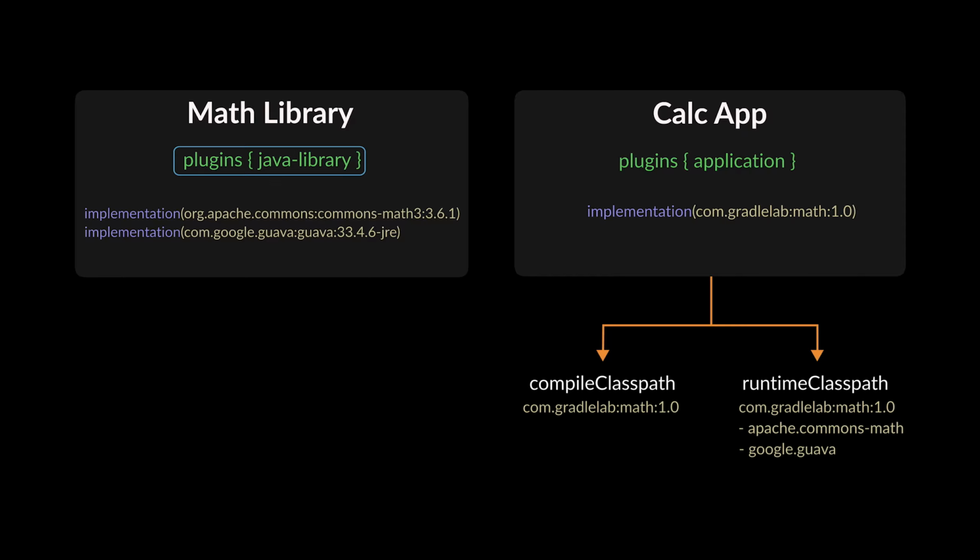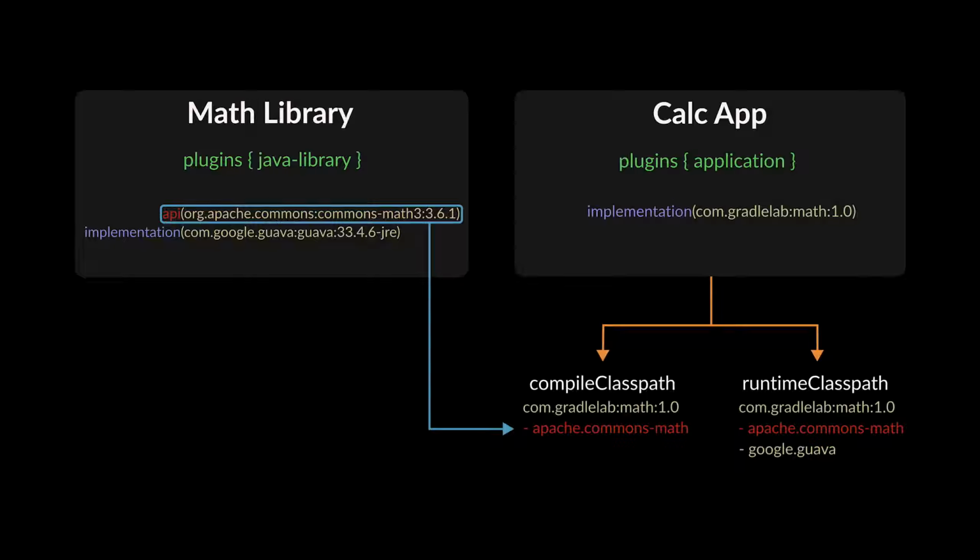The Java library plugin provides an additional declarable configuration, which is not available when applying the application plugin, called api. When a dependency is added with this declarable configuration to the producer, it will be added to both the runtimeClasspath and the compileClasspath configurations of a consumer.